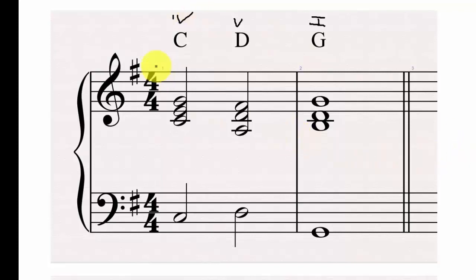Right. So if you look at this chord here, it is subdominant because it's chord 4, isn't it? Right. This chord here is dominant. And this chord here is the tonic.